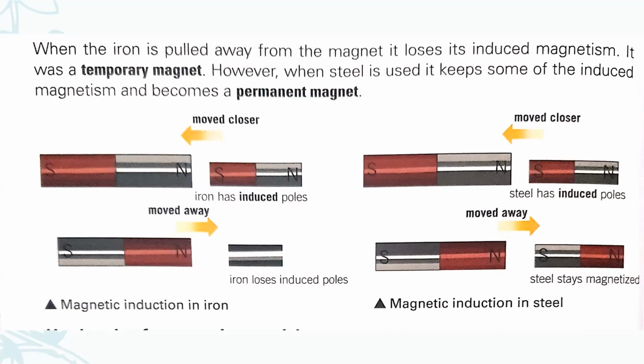So those materials which lose their magnetic character after the removal of the external magnetic field, we call temporary magnets, and those materials which retain their magnetic character after removing the external magnetic field, we call permanent magnets.